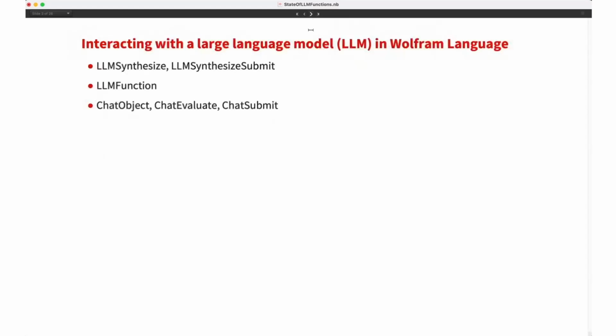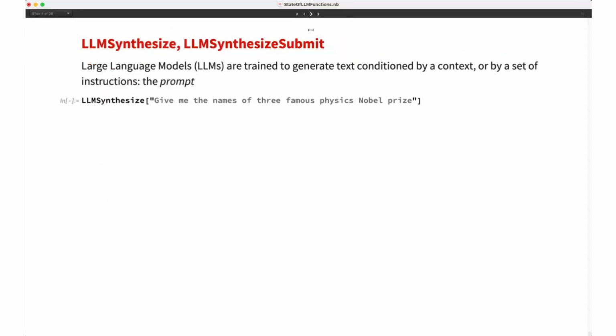Right. So let's start with the main LLM function of the Wolfram language, LLMSynthesize. When you interact with an LLM, you basically put an input, an instruction in natural language, such as "give me the names of three famous physics Nobel Prize laureates," and you send that to the LLM, which then generates a completion.